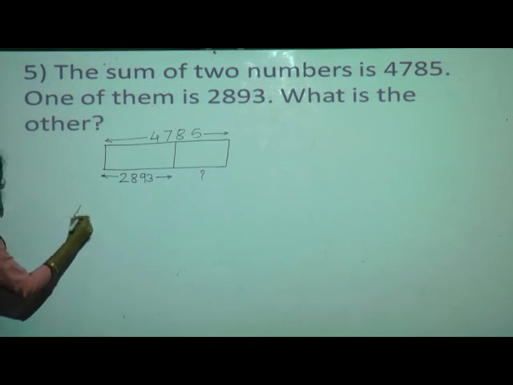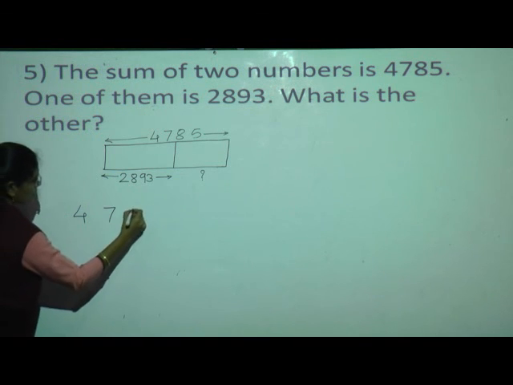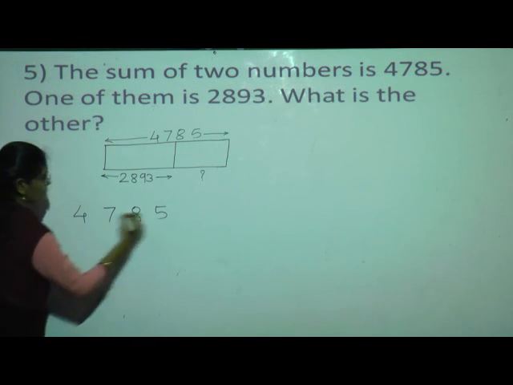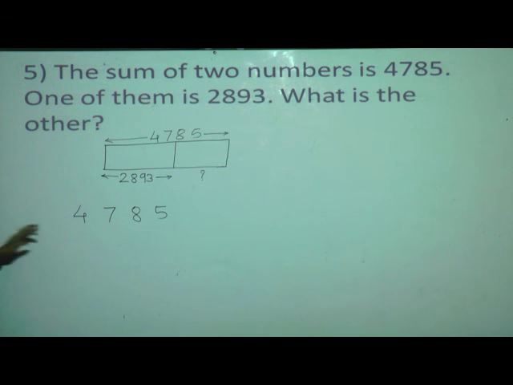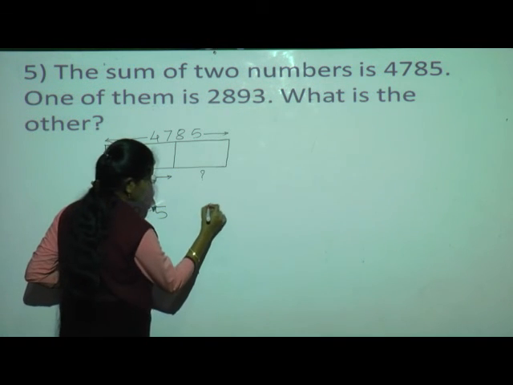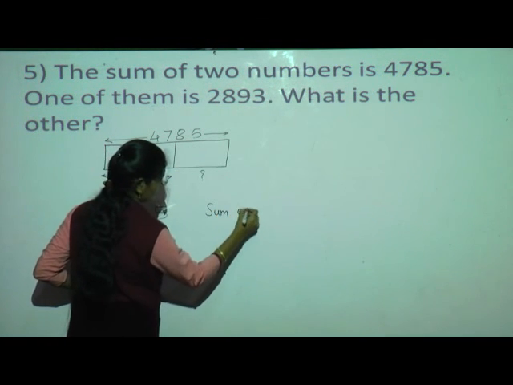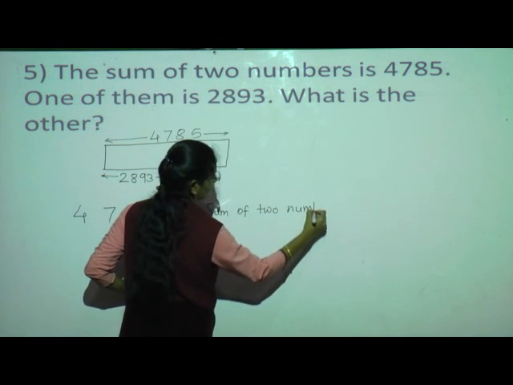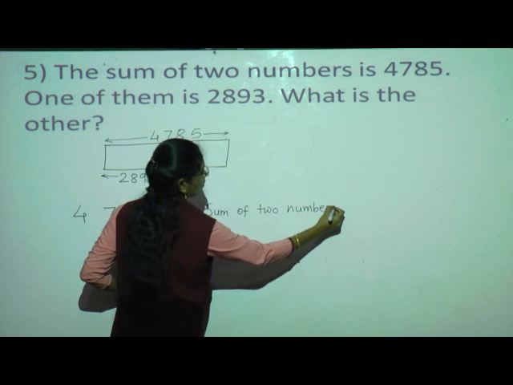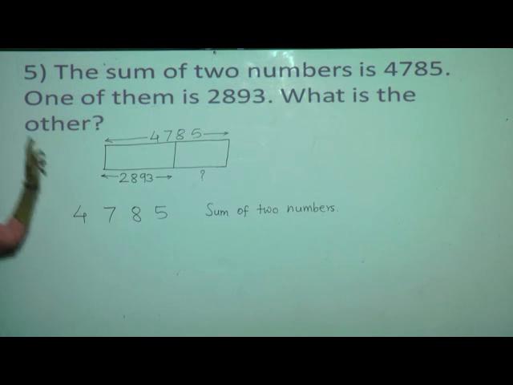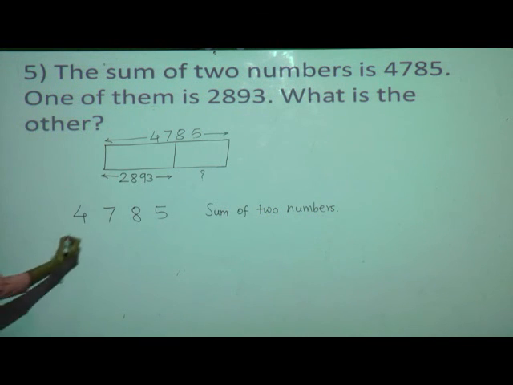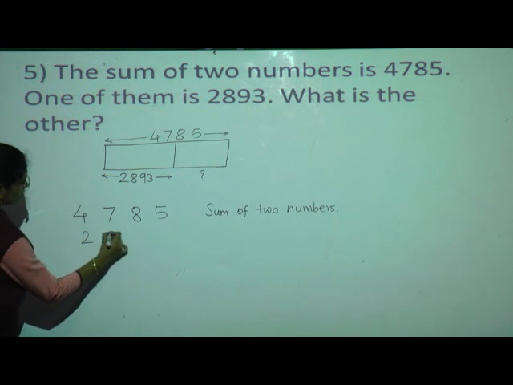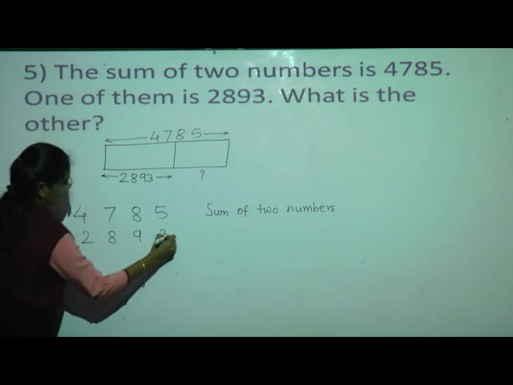So what is the sum of numbers? 4785. Okay. So first of all we will write this number 4785. This is the sum of two numbers. So here you can write sum of two numbers. Now what is the first number, or one of them is 2893.